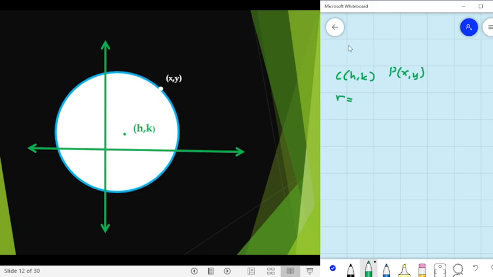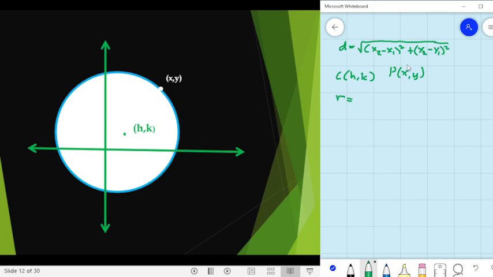So let us recall that to find the distance between two points on a Cartesian plane, we have to use the formula d equals the square root of the quantity x sub 2 minus x sub 1, squared, plus the quantity y sub 2 minus y sub 1, squared.